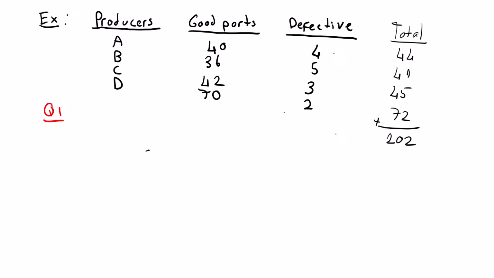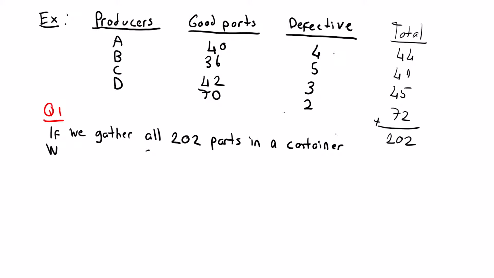If we gather 202 parts in a container or in a box, we want to look for the probability of selecting a random part.